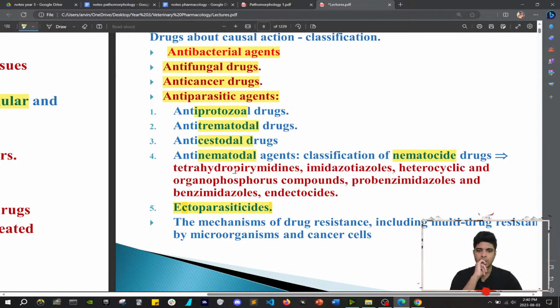So tetrahydropyrimidines, imidazothiazoles, heterocyclic organophosphorus compounds, probenzimidazoles, and then benzimidazoles, endectocides.